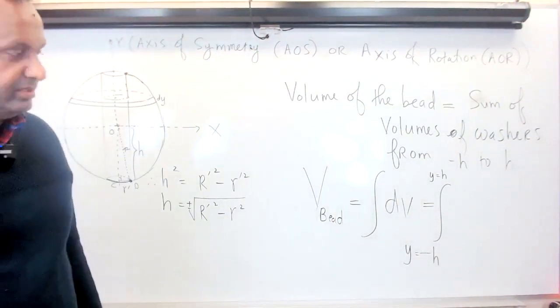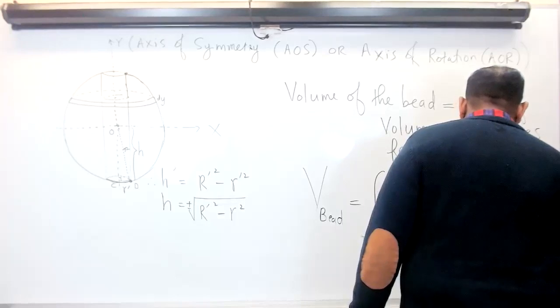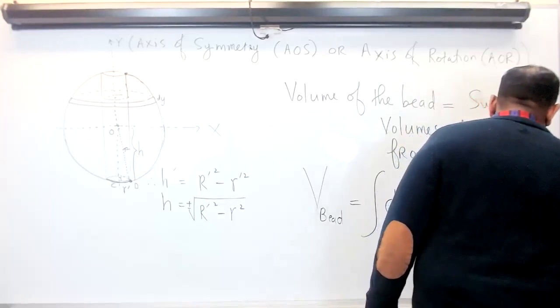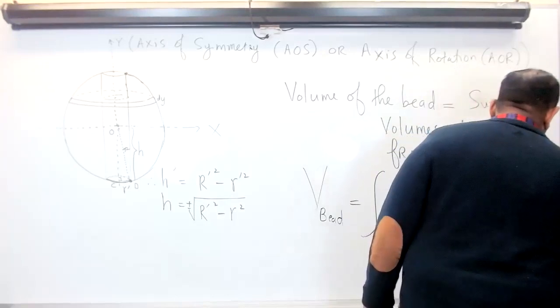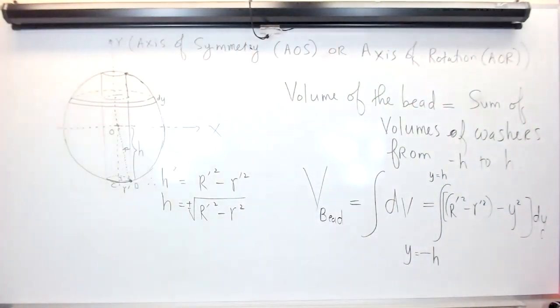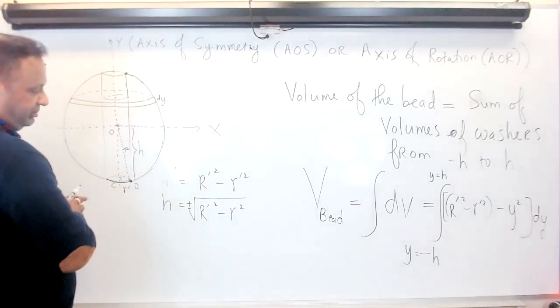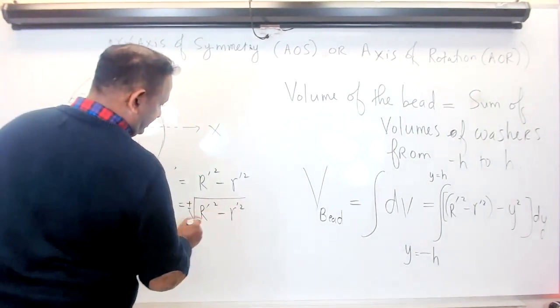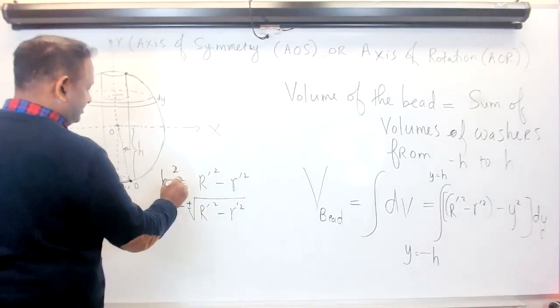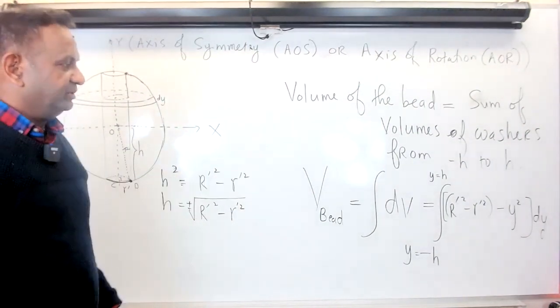The dV we had earlier is R prime squared minus simple R squared minus y squared, whole thing dy. I hope you can see. Can I erase this? Oh, no, we need this one. I'm sorry, this R prime squared. We can plug in this one later on. Let's do the integration first.